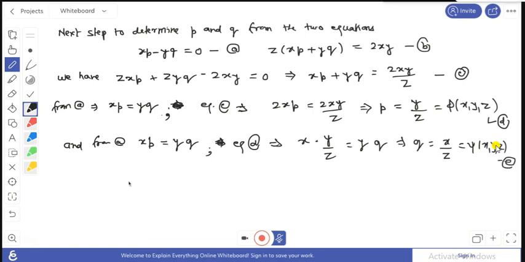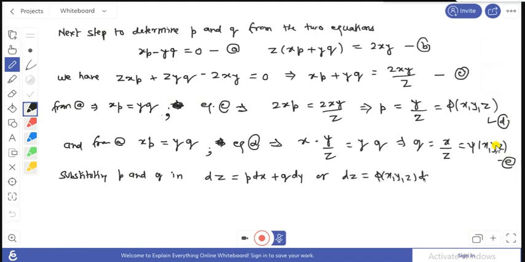Now we substitute p and q in dz equals p dx plus q dy, or you can say dz equals phi of xyz dx plus psi of xyz dy. So dz equals y over z dx plus x over z dy.